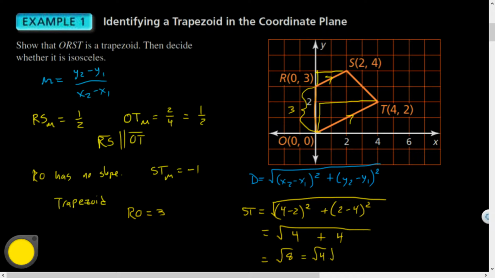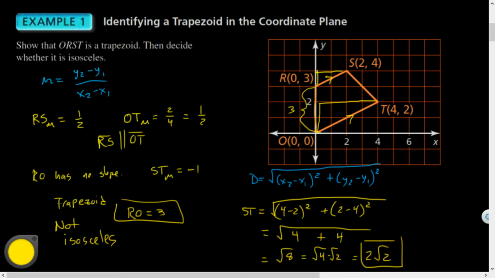That breaks into the square root of 4 times the square root of 2, and the square root of 4 is 2. If you need help practicing your reducing radicals, you can do that. So it is not isosceles. That's what I've concluded about this shape.